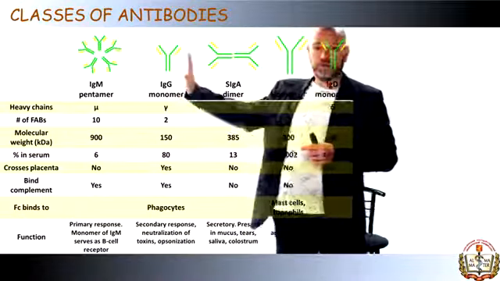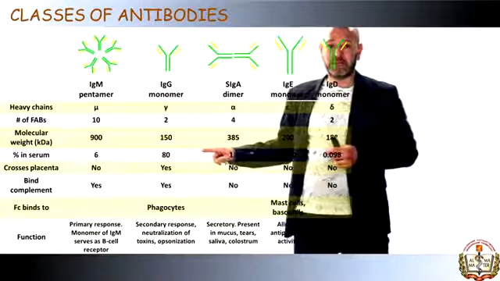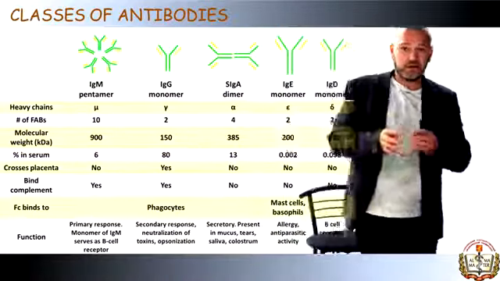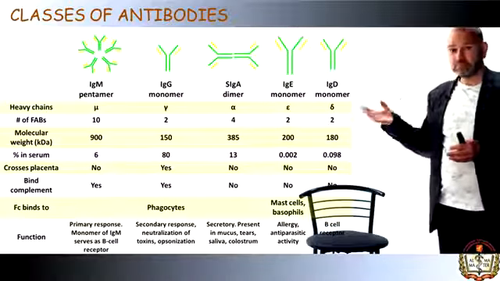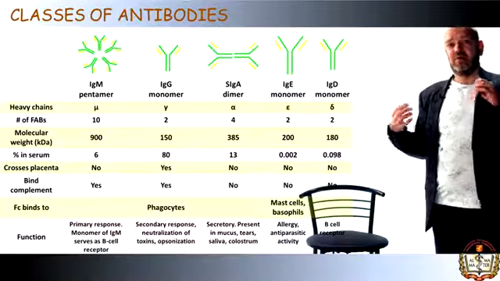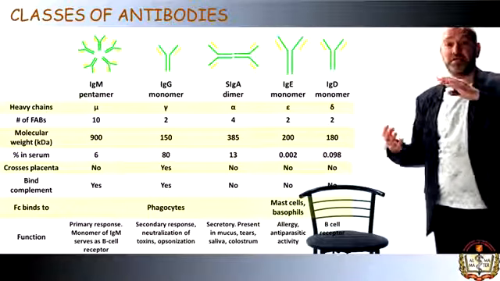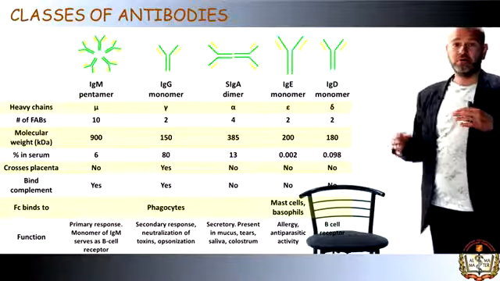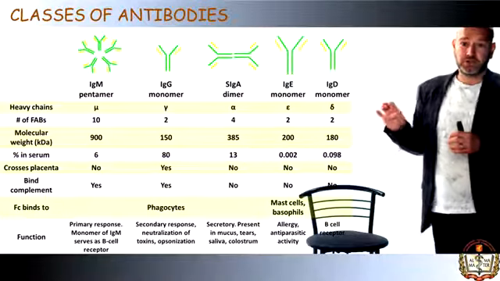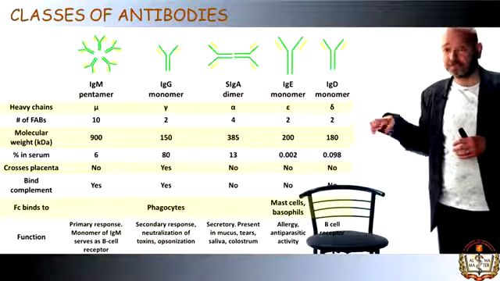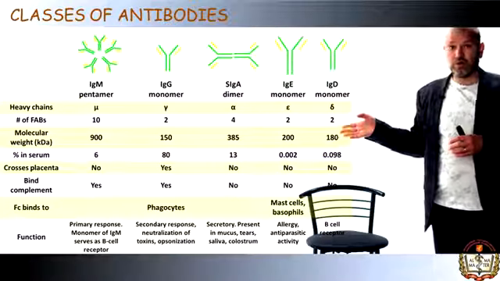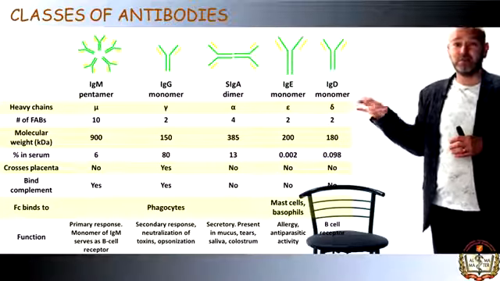Here, G class is made of gamma chains, E, epsilon, M, mu chains, and of course the pentamer has the heaviest mass, it is the biggest one, and because of its very complex structure, it's shorter in life duration, and monomers are of course lighter and they are more stable.